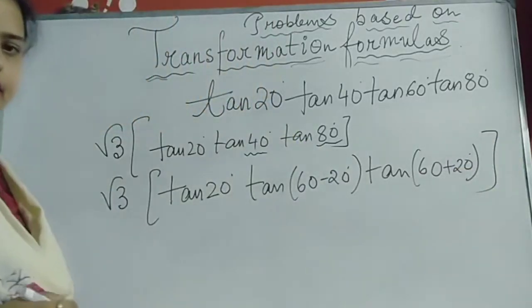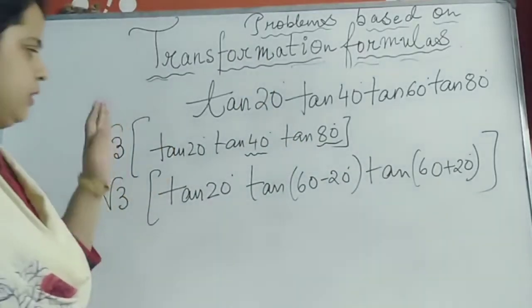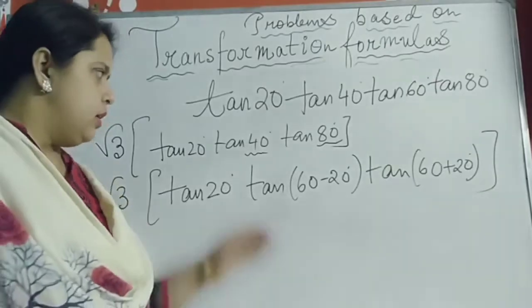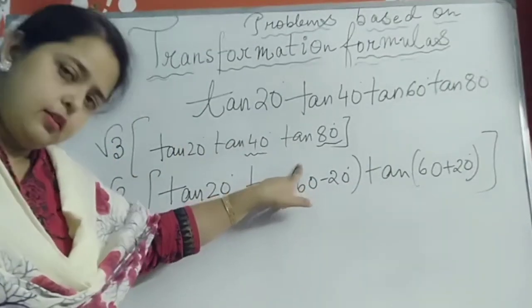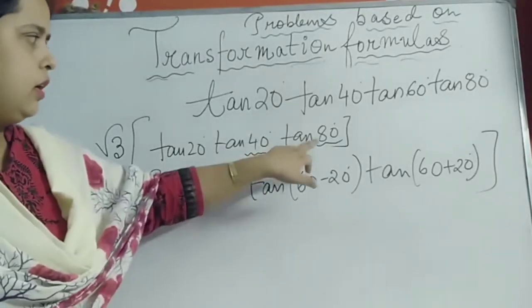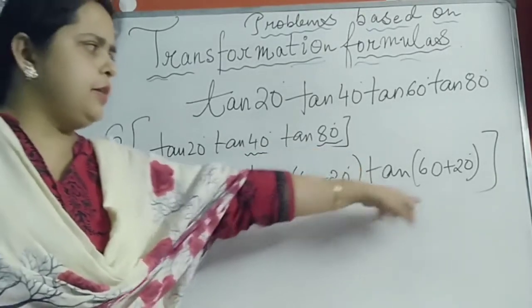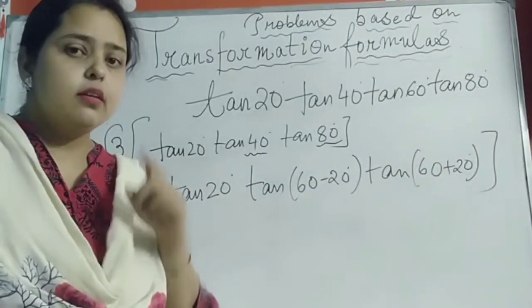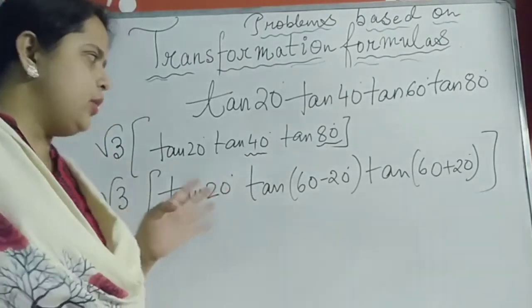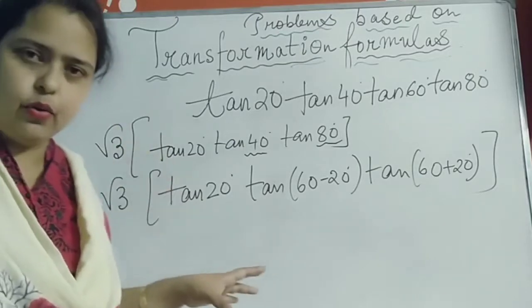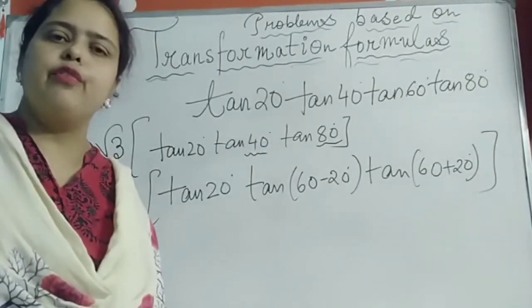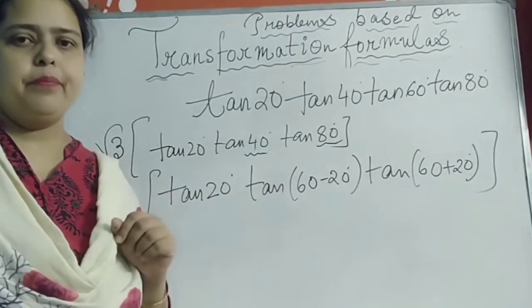Try to understand. Tan 20. Tan 60 minus 20, can we write that? Yes, it is 40. Can I write 80 as 60 plus 20? Yes. So, in this problem, you can move on with transformation formula.